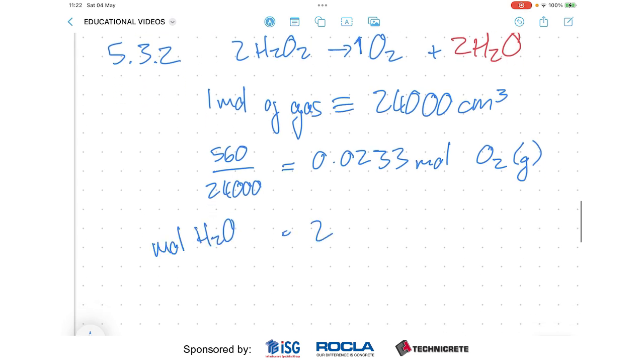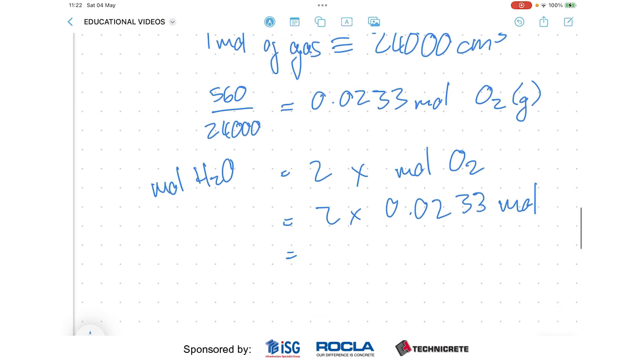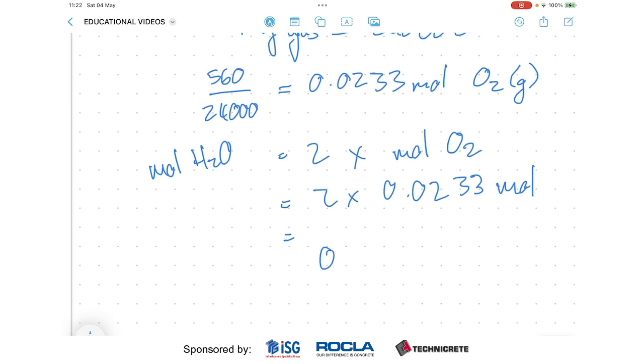This is equal to 2 times the moles of O2, which equals 2 times 0.0233 mole, which gives us 0.0466 mole. Let's double check with the calculator. 0.0466. Yes, correct.